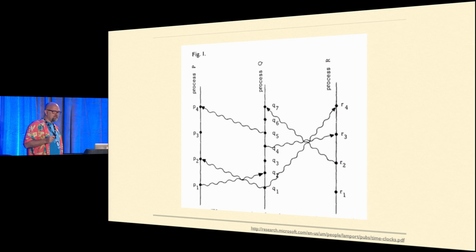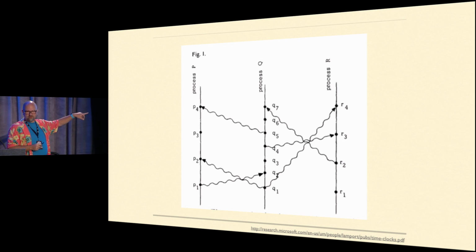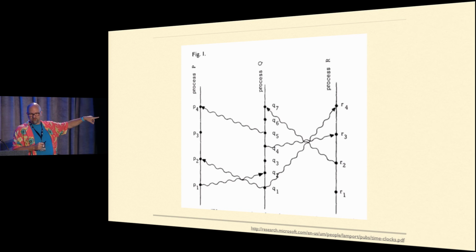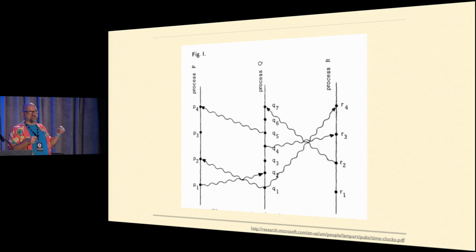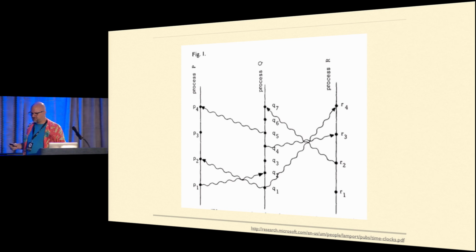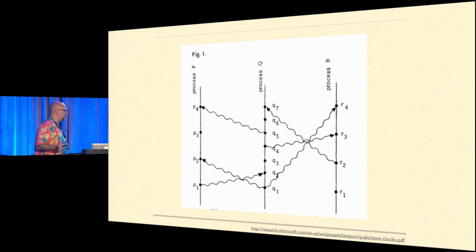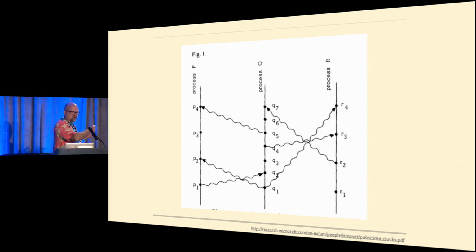Leslie realized that these messages provide us an event horizon or event boundary, a point in time where we can say P1 happened before Q2, because P1 sent a message and it arrived at Q2. You cannot receive a message before it is sent. We have some basic laws of physics, even though physics itself struggles to tell us what time it is exactly. We do know that messages arrive after they are sent, so that provides a strict ordering.